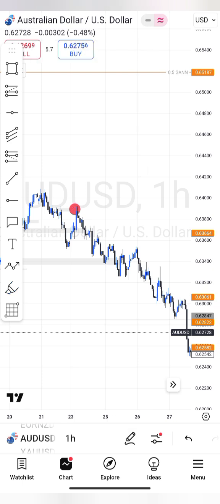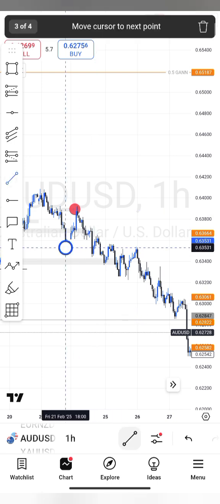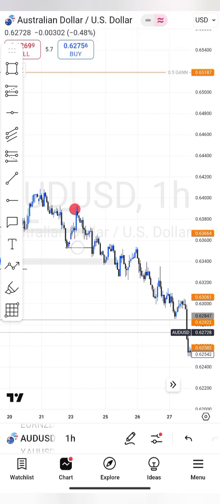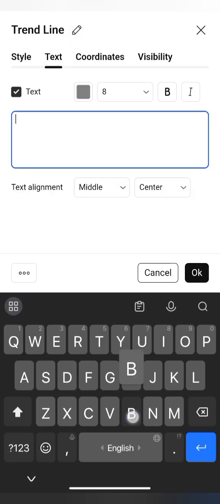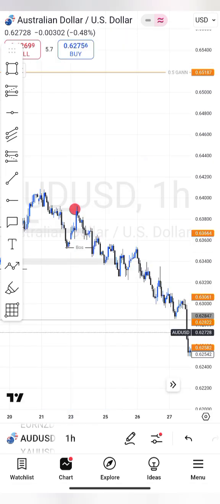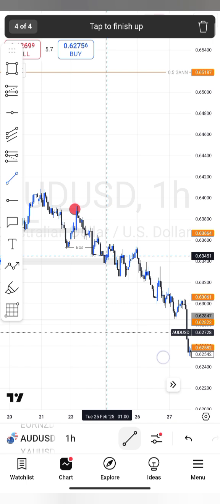You have your low, and then market does this. You mark here as your break of structure, which is fine. Then in that break of structure, you notice another one here. This is another one here.